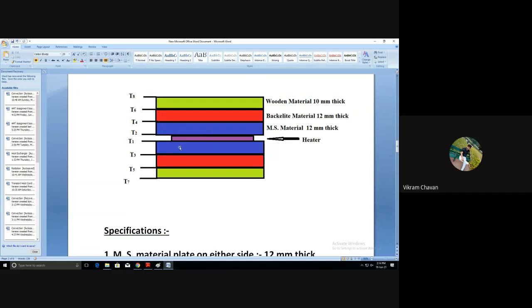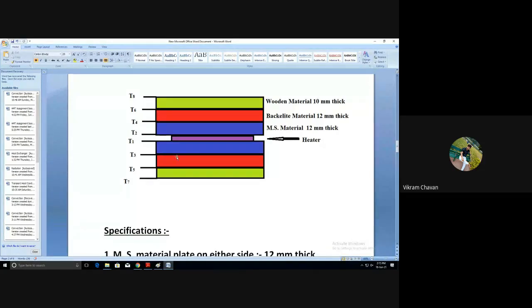Similarly, the T3 thermocouple is placed centrally after this EMS material, and in the upward direction, the T4 thermocouple is placed centrally after this EMS plate. So the resistance for heat to reach the T3 thermocouple and the T4 thermocouple will be the same.